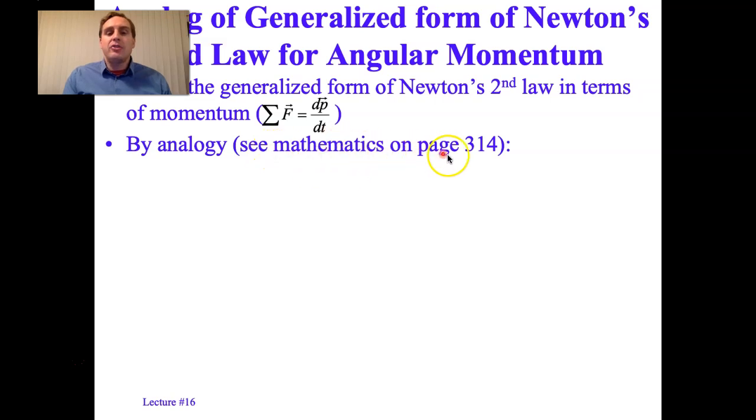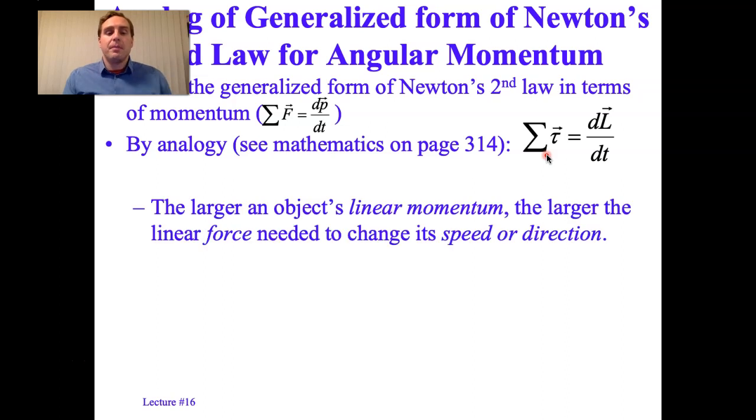By analogy, and I'm not going to go through all the mathematics, this is gone through in many textbooks, the sum of all the torques, that is the net torque, is the change in the angular momentum vector with respect to time. So this is exactly analogous to Newton's second law, but just for rotation.